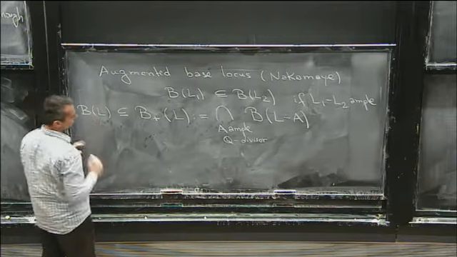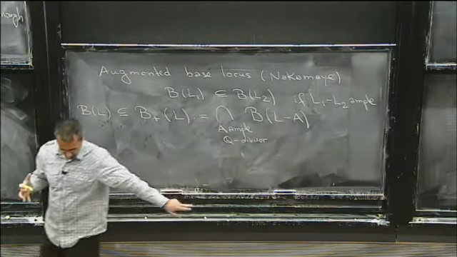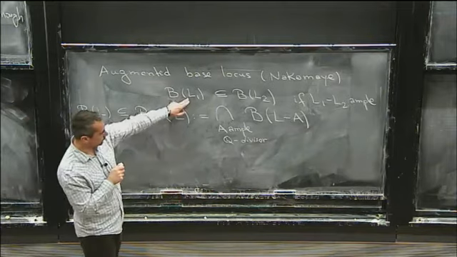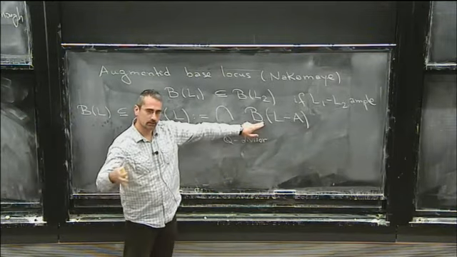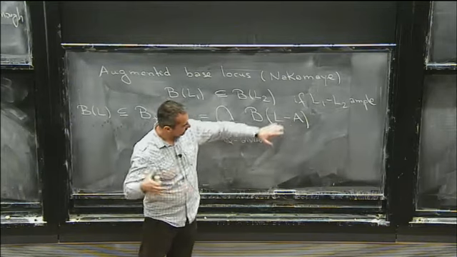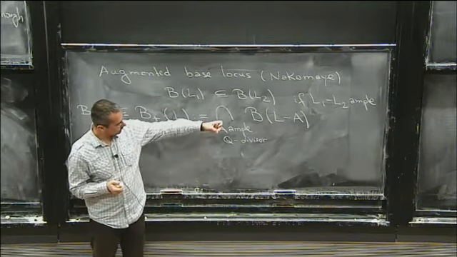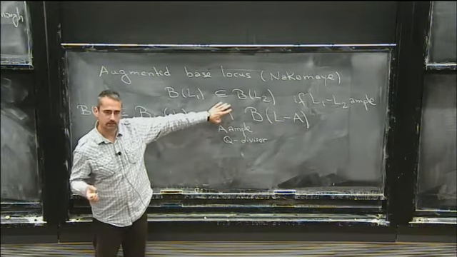On the other hand, you should think of A as being very small. Because when A gets smaller, by this inclusion, the locus itself gets smaller. So if A is ample but very small, this locus gets smaller and smaller. So in particular, using Noetherianity, this set actually stabilizes.